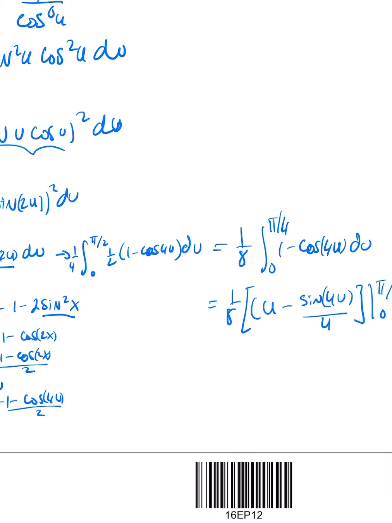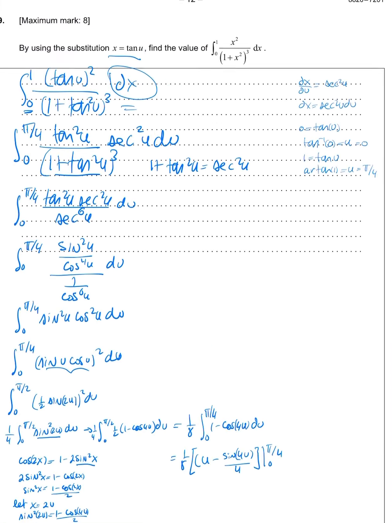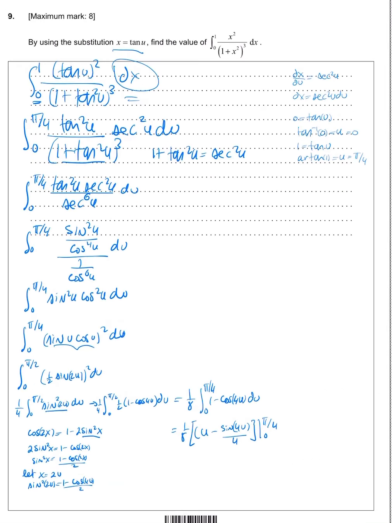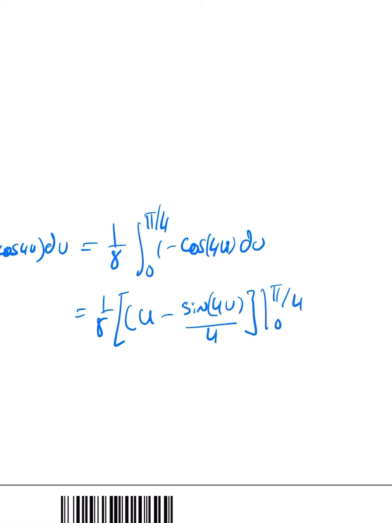At this point, I can just plug in my values, and I'll have found it, because originally that's what we were asked to find, the value of this. Now this will finally equal 1 over 8 times: u at pi over 4 is pi over 4. Sine of 4 times pi over 4, what's the sine of pi?